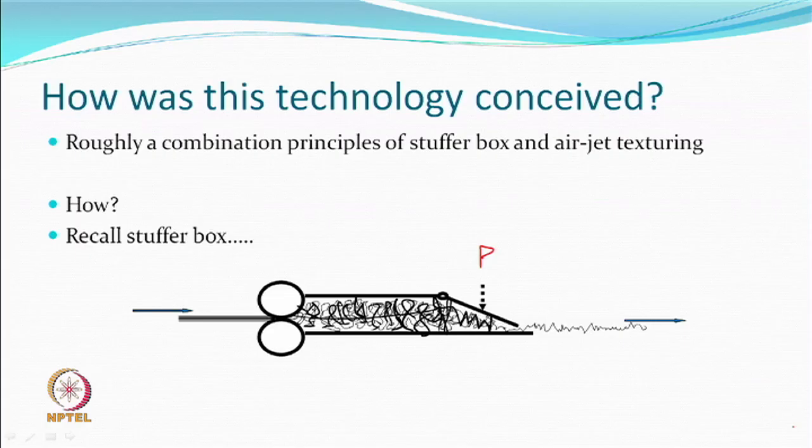You are overfeeding the yarn into a box. At the exit there is a pressure plate, so the yarns cannot move out. So, they bend in a manner which can be controlled by the speed as well as the pressure and also the temperature of the yarn.